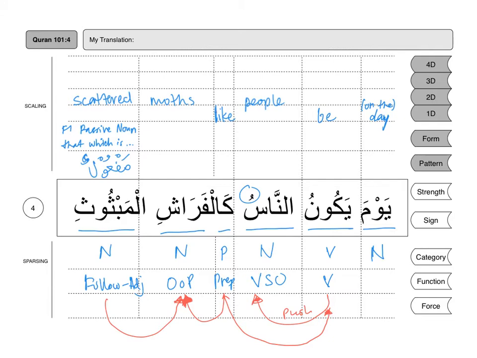Now you don't have anything on the yawm. Now why yawma, which is a noun, suddenly in the beginning has a fatha? Now yawma is usually called an adverb, so we say that this is an adverb noun. Usually when you see in corpus or anywhere, it's called an adverb.